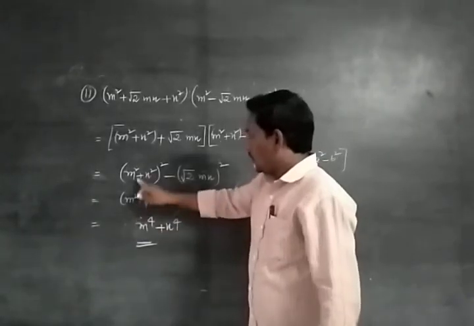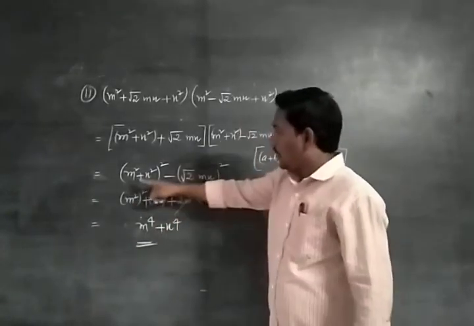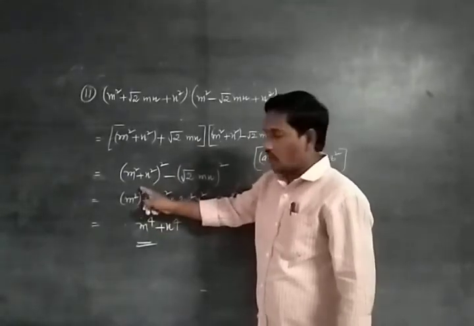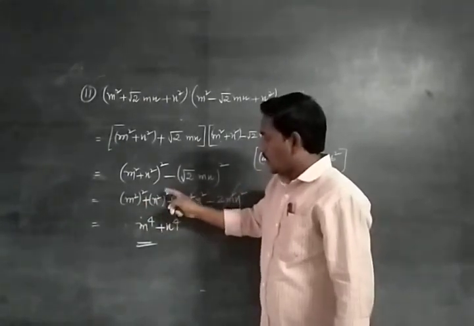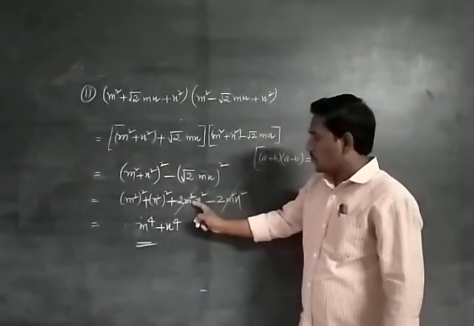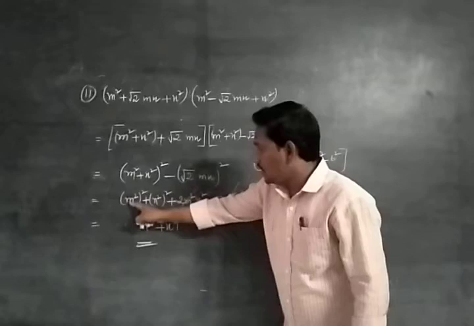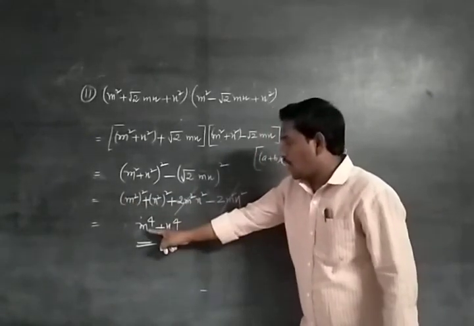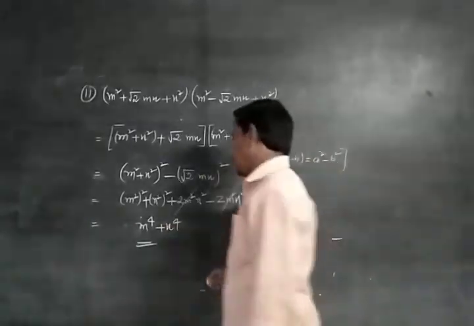Okay. This is again a plus b whole square: m square whole square plus n square whole square plus 2m square n square, a square plus b square plus 2ab, where a means m square, b means n square. So what is the product? M power 4 plus n power 4. Okay.